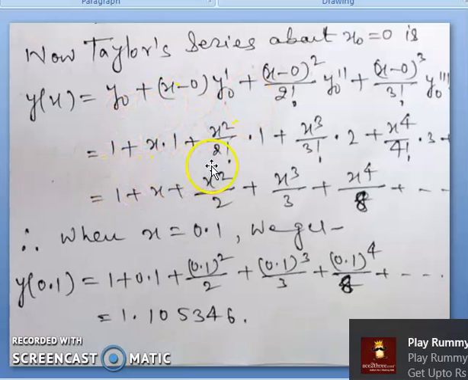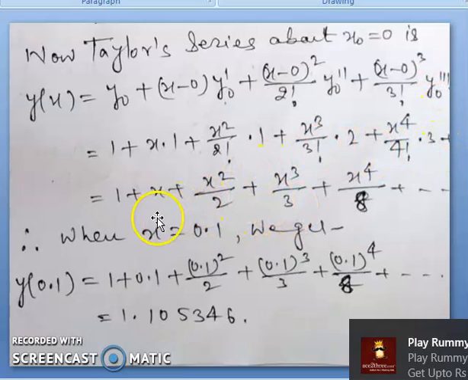So on substituting the values, it becomes 1 plus x of 1 plus x squared divided by factorial 2 into 1 plus x cube divided by factorial 3 into 2 plus x to the power 4 divided by factorial 4 and y0 triple dash is 3.